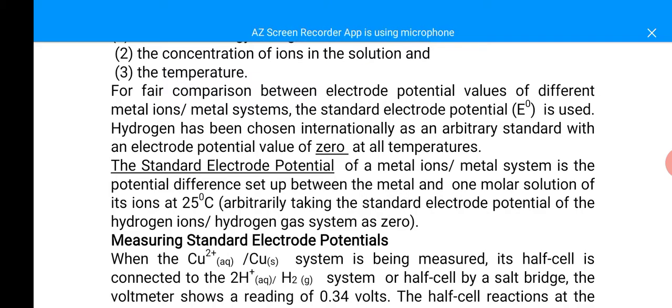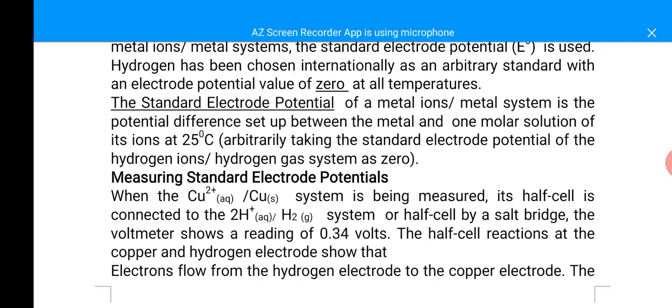So the standard electric potential of a metal ion / metal system is the potential difference set up between the metal and a 1 molar solution of its ions at 25 degrees Celsius. Like I have said, it is arbitrarily taken that the standard electric potential of the hydrogen ion / hydrogen gas system is 0.